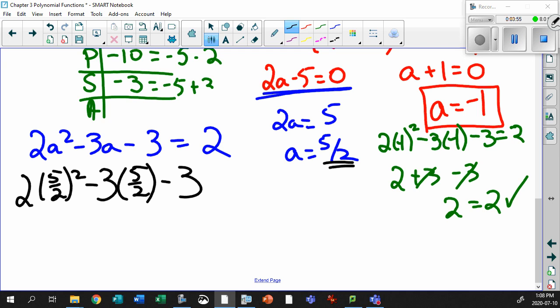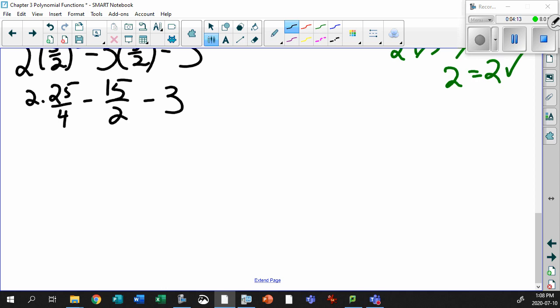Okay, this is really neat. This is 25 over 4. Oh, I know you're going, I don't want a lesson in fractions. This is going to give you 3 times 5, which is 15, over 2 minus 3. Let's keep on going because I know you love fractions. 2 goes in the bottom twice, giving you 25 over 2 minus 15 over 2 minus 3.